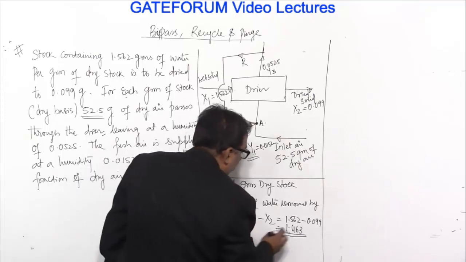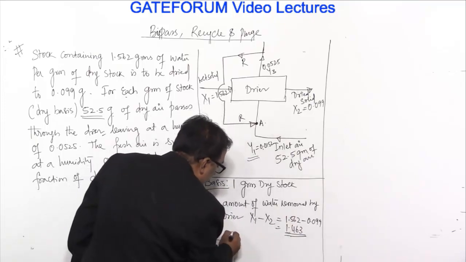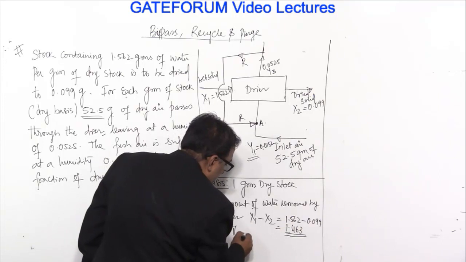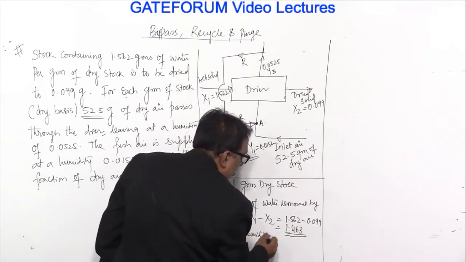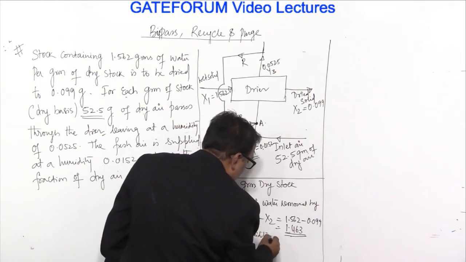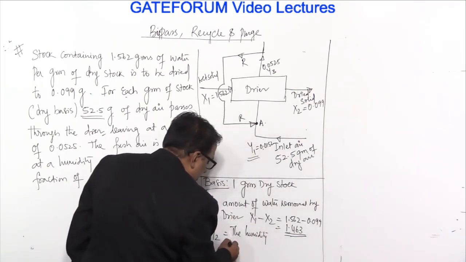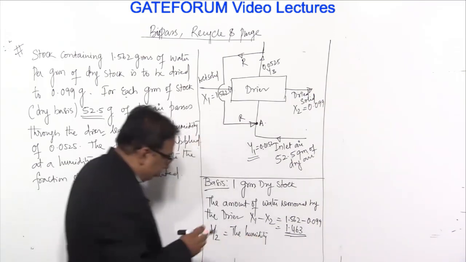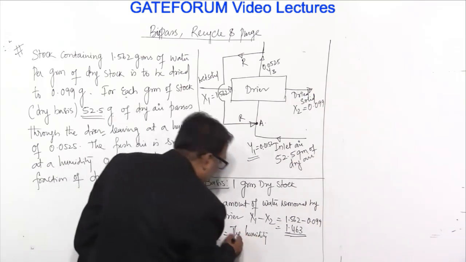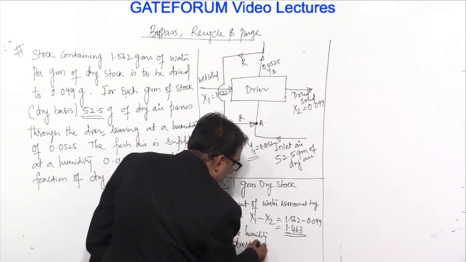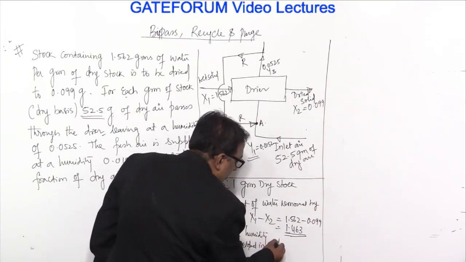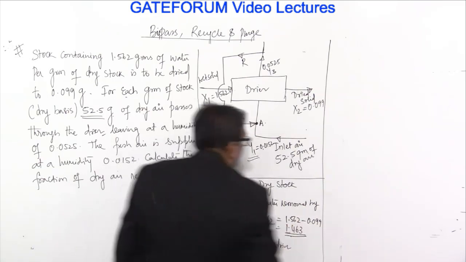What is Y2? The humidity developed in the dryer.